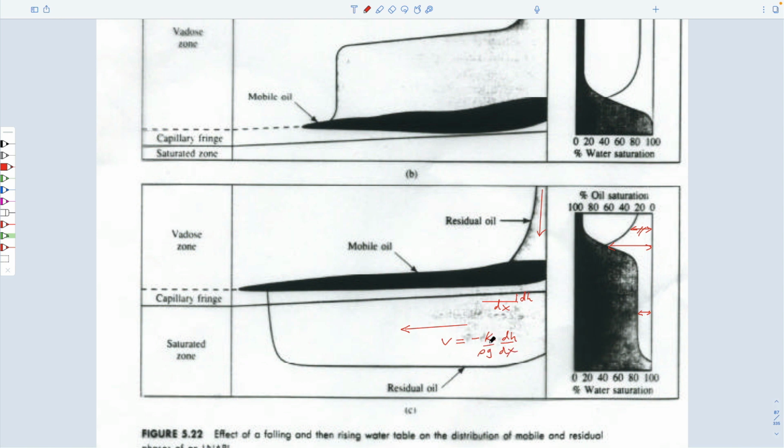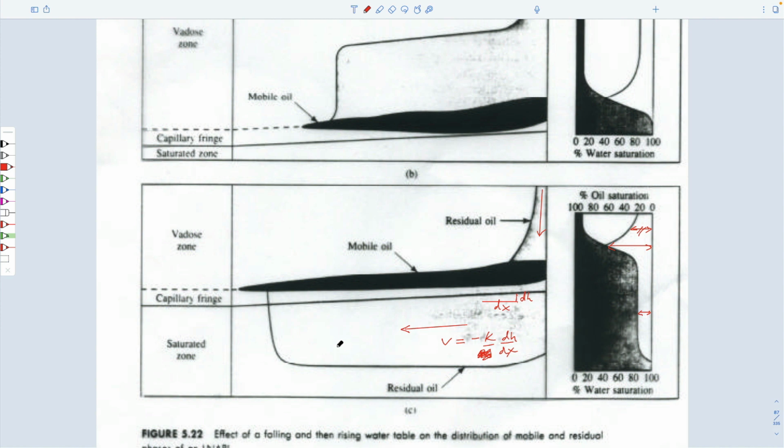So the velocity, this is hydraulic conductivity, density of the water, gravity. No, you don't need that, forget that. This is hydraulic conductivity, dH dx. This is velocity. So you know at which velocity this travels.